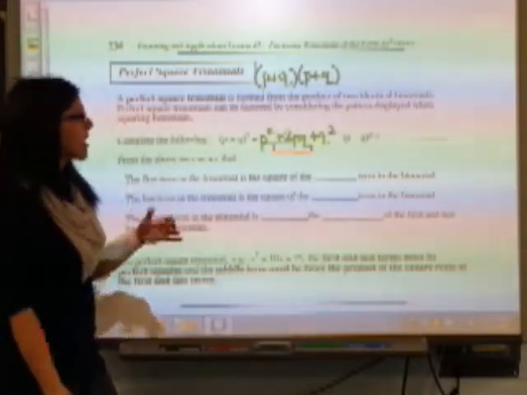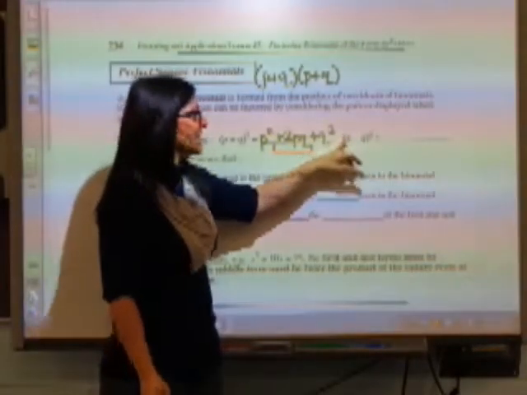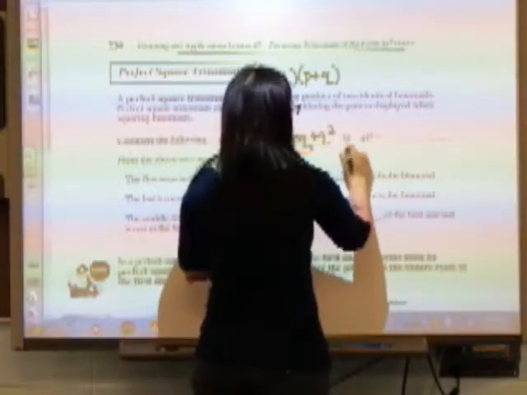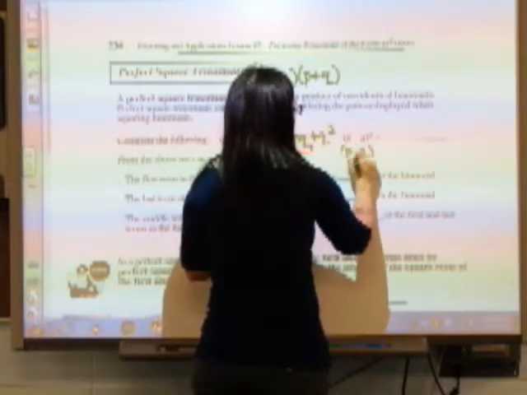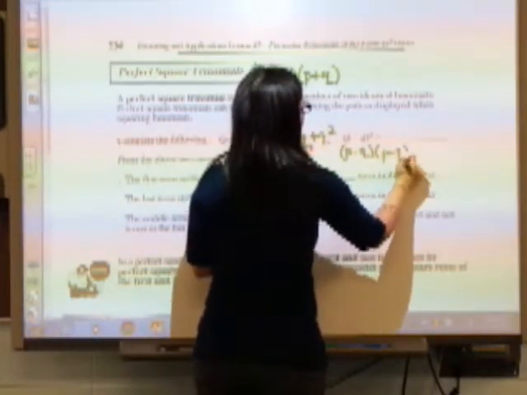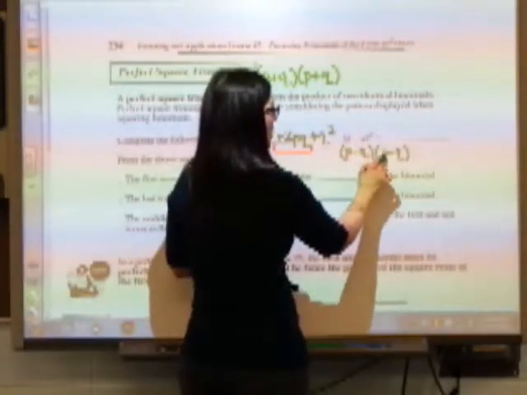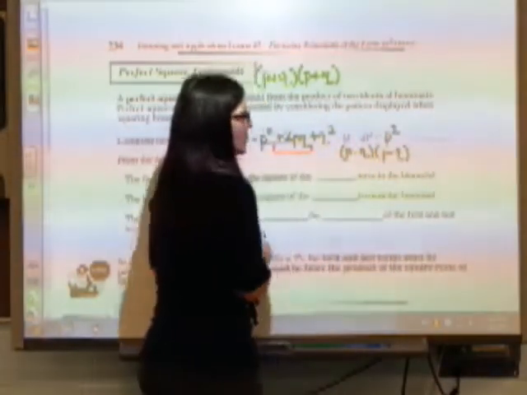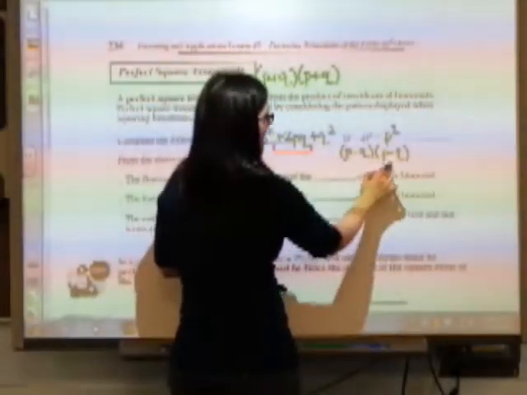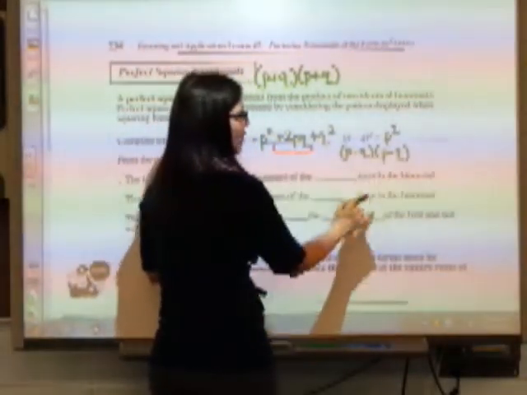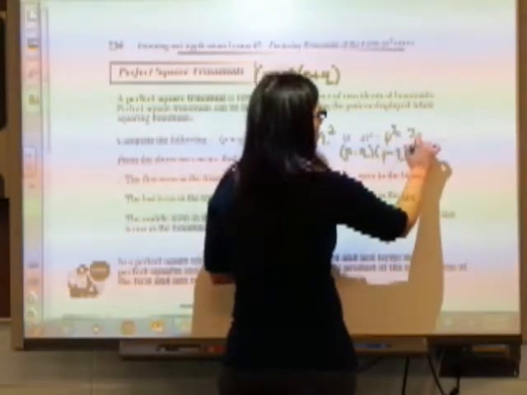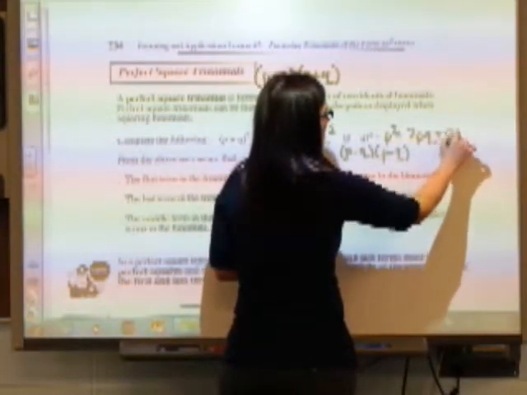So what I recommend is when you see it like this, you rewrite it as P minus Q times P minus Q. And then that way when you go to expand it, to distribute it out, I get P times P, which is a P squared. I get a negative PQ and a negative PQ, which gives me two of them, and a Q squared.